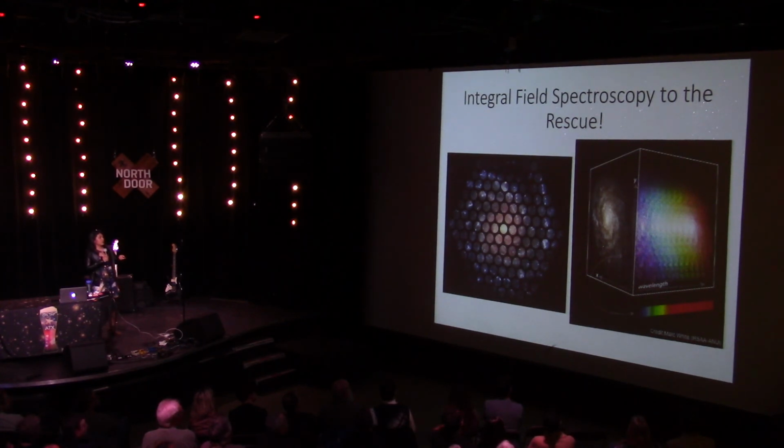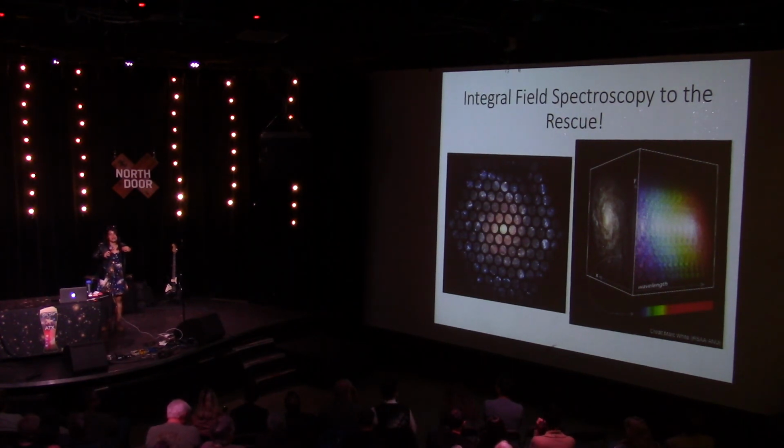So you have the 2D image of the galaxy, and then you have a third dimension, which is the flux, the intensity of the galaxy in all of these different wavelengths. Having three-dimensional information in X and Y space and also in spectral space makes it, well, not easy, it's still pretty hard, but it makes it a lot better to disentangle the effects of age, metallicity, and dust on every part of a galaxy for different types of galaxies.